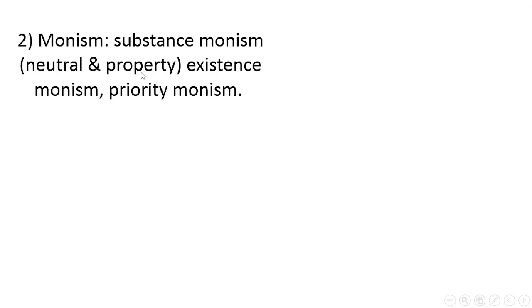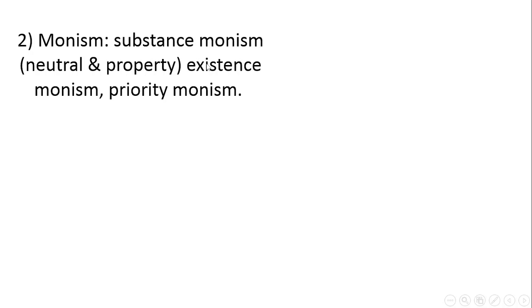If we say that that fundamental reality is neutral to both the physical and the mental, that would be neutral substance monism. But if we say that it is a totally physical fundamental reality, that would be a kind of property monism. Or if we say that it is a totally mental fundamental reality, that would be another kind of property monism.